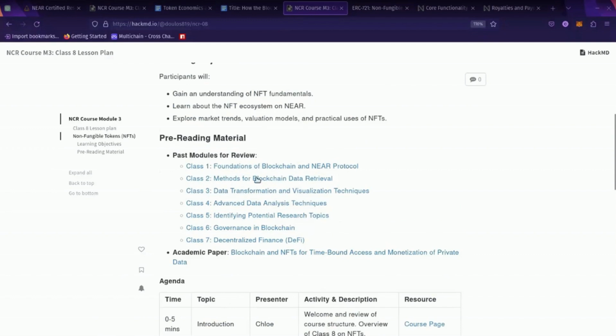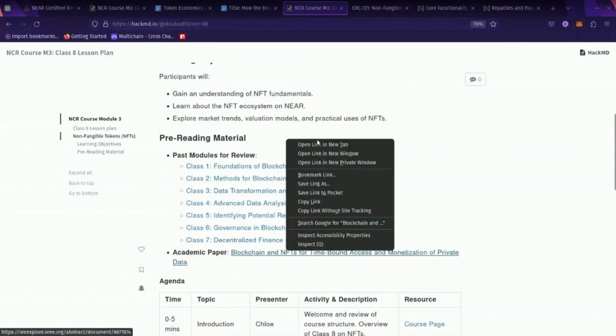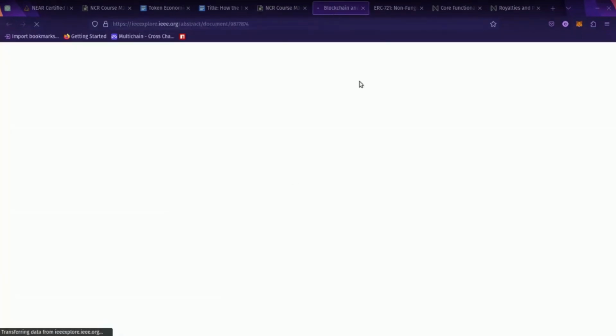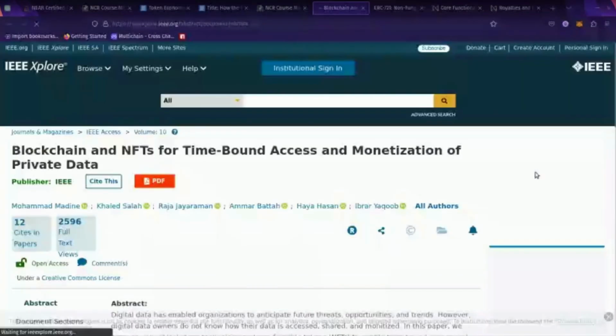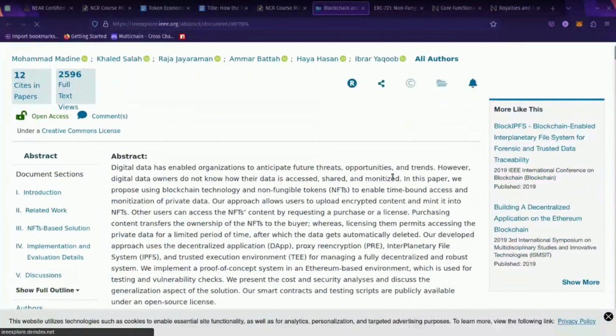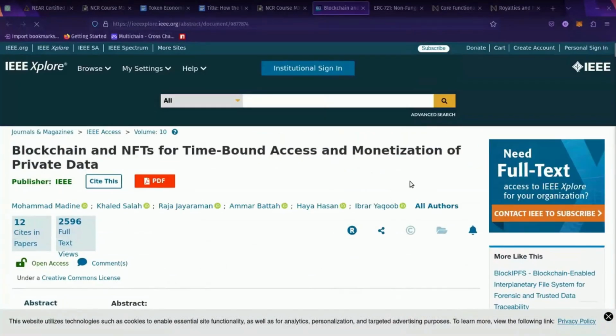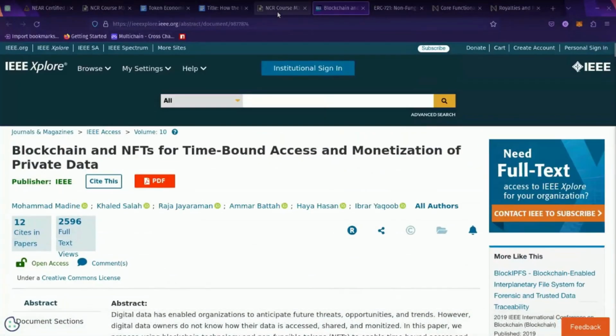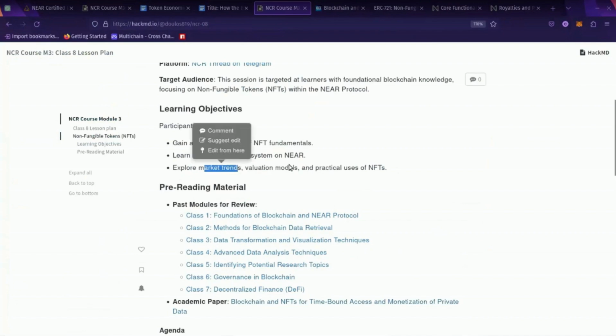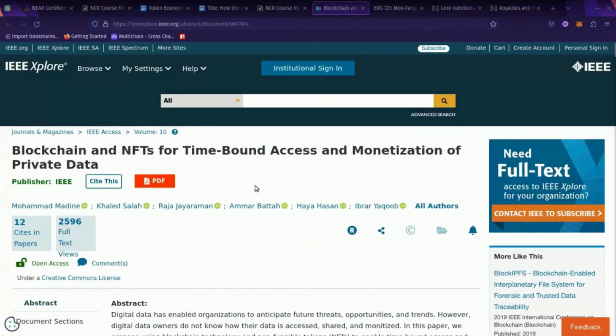So we have some pre-reading material here, mainly going over the previous classes. I did bring up one paper that, as always, I'm not going to go through in its entirety in class. But when we're talking about practical uses of NFTs, this is one of the main ones that I don't think exists, at least not in a very acceptable way in the NEAR ecosystem.